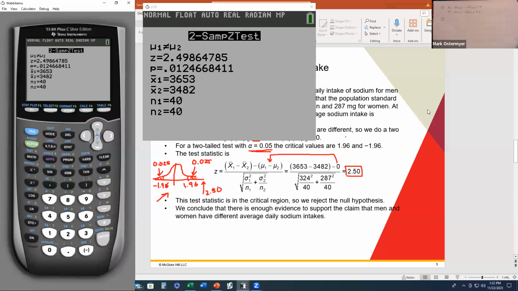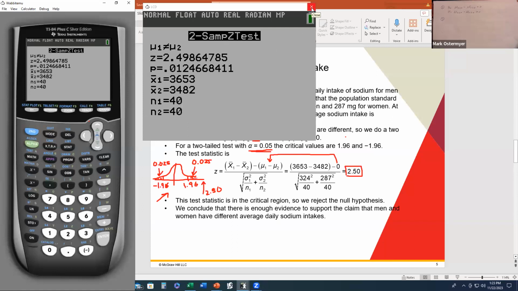So this is overwhelming evidence to suggest, ladies and gentlemen, that we would definitely want to reject the null hypothesis, and we would not have to worry about committing a type 1 error. The risk is very low. Okay. All right, so that's how we would conduct this test using the p-value method, using the 2-SampZTest function on our calculator.